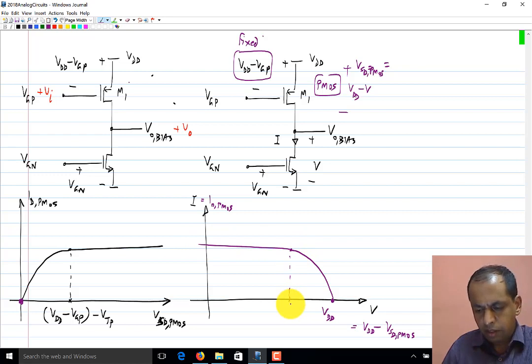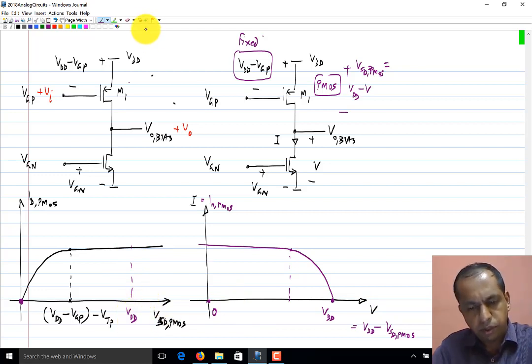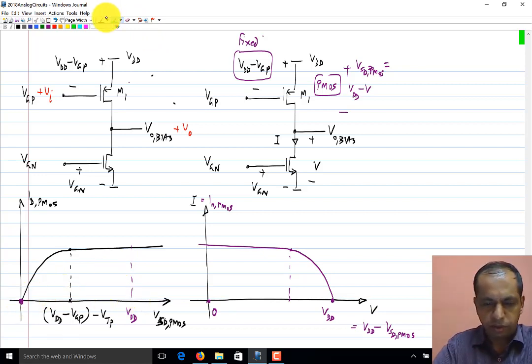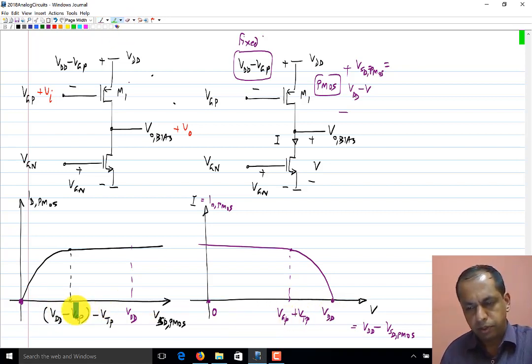Okay, and this point here at V equal to 0, this corresponds to VSD equals VDD. So all we have to do is to flip this characteristics around so that 0 becomes VDD and VDD becomes 0. That's all. And this point would be basically VGP plus VTP. It is equal to VDD minus this point. Okay.